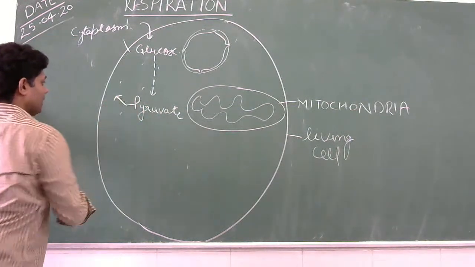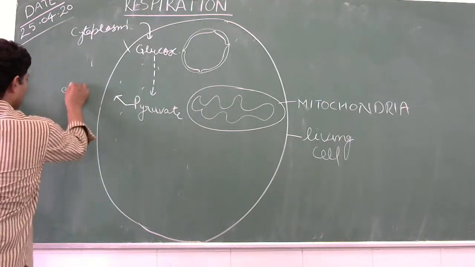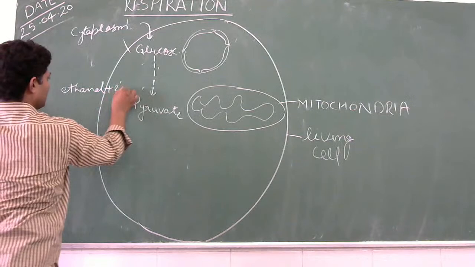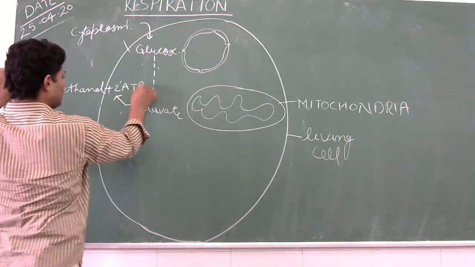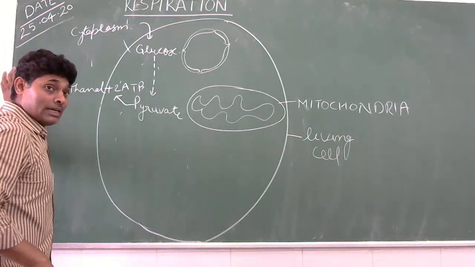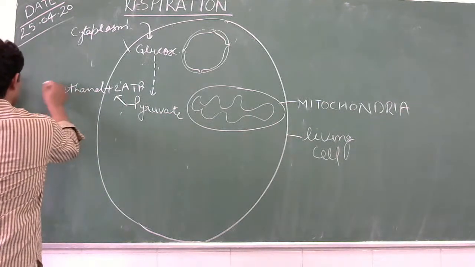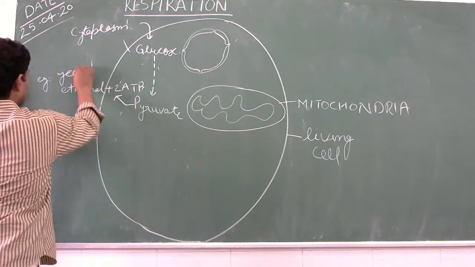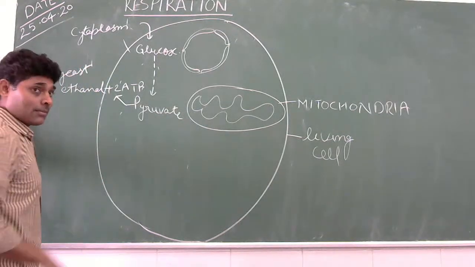Anaerobically, it makes ethanol plus 2 ATP, for example in yeast.